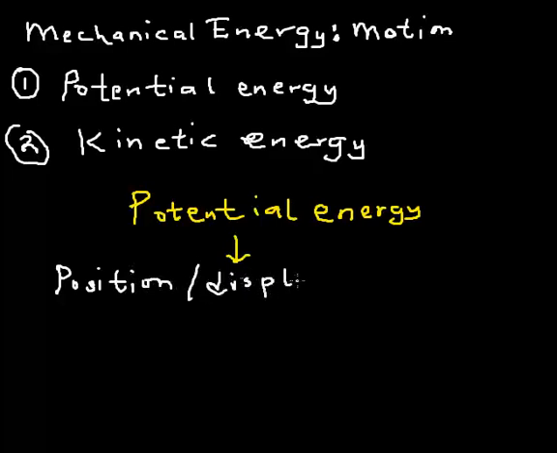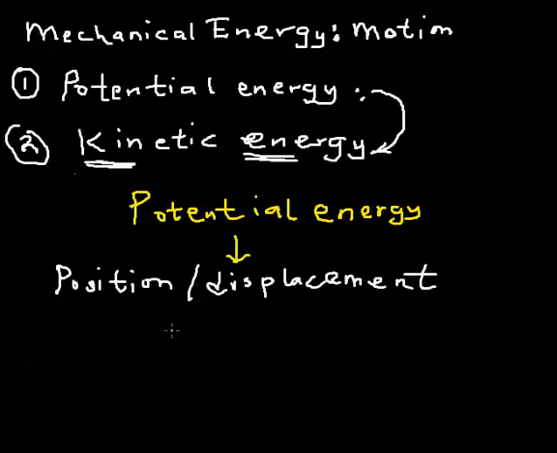So, if that body is actually positioned at a particular height or it is actually displaced, why? Because every potential energy, once released, must always be converted to kinetic energy. So the kinetic energy that you see of a body that is moving, a body will start motion only if it is displaced or placed at a position in which, if it is released, then it will start motion.